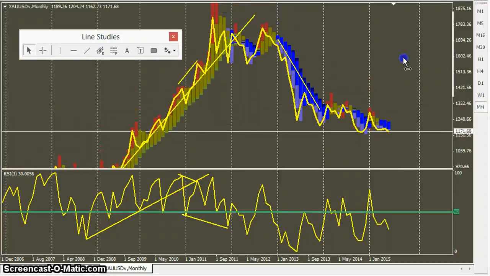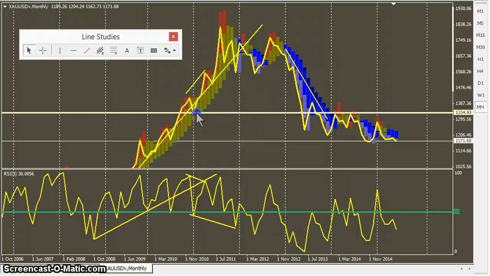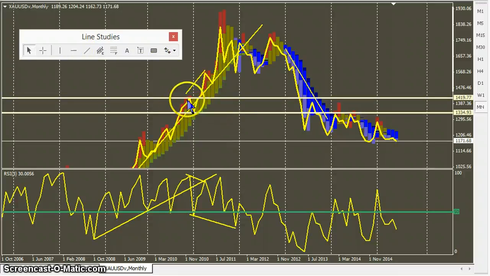Another reason why you would load the wagon on that sell is the sheer fact that this support here, well, you have a double top. You have this swing high, which was a very important price, and you have this low. So you're in the trap zone there.